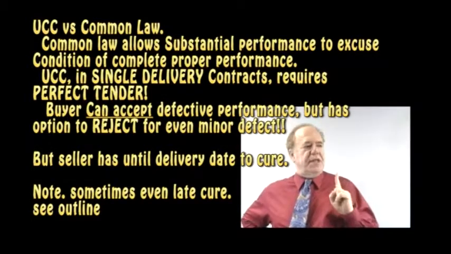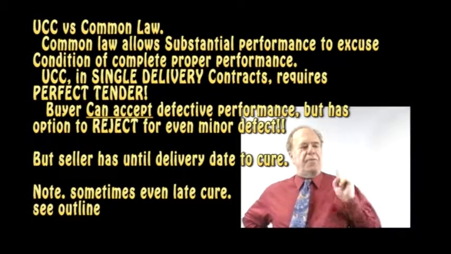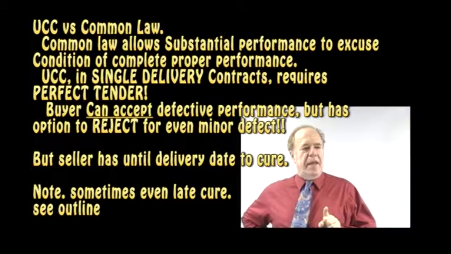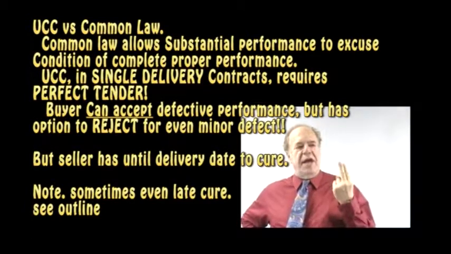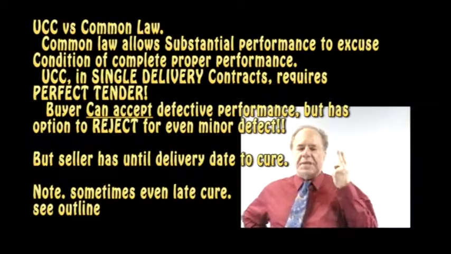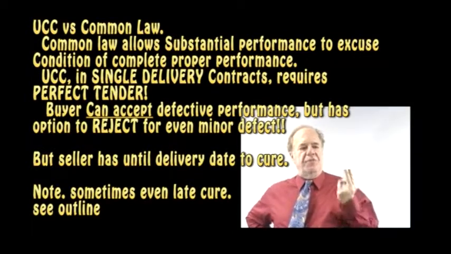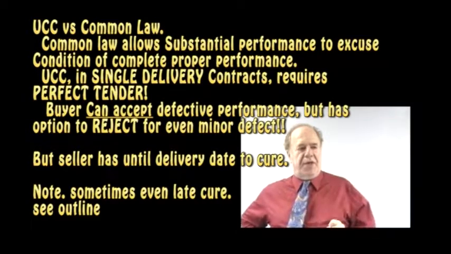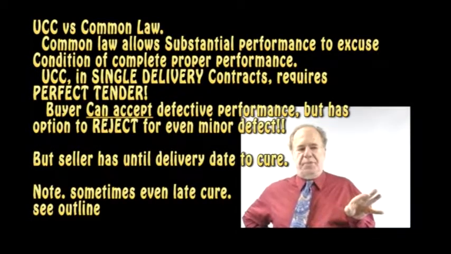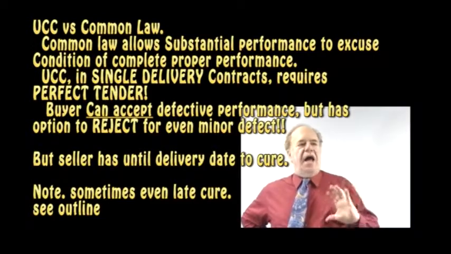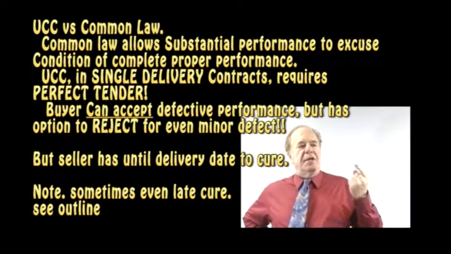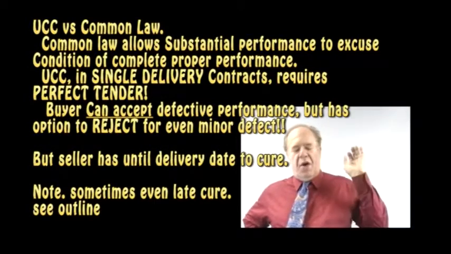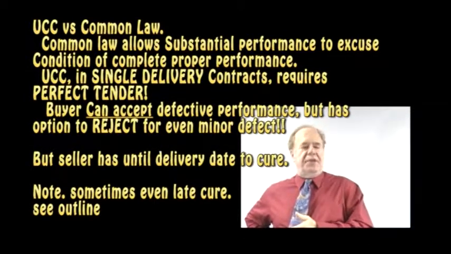But the UCC has a special rule called the perfect tender rule. It only applies when we're under the UCC and only applies when we have a one-time deal, single delivery of goods under the UCC. The tender must be perfect. Substantial performance won't do. I have a contract to buy 100 bushels of wheat that you are to deliver to me on December 15th.